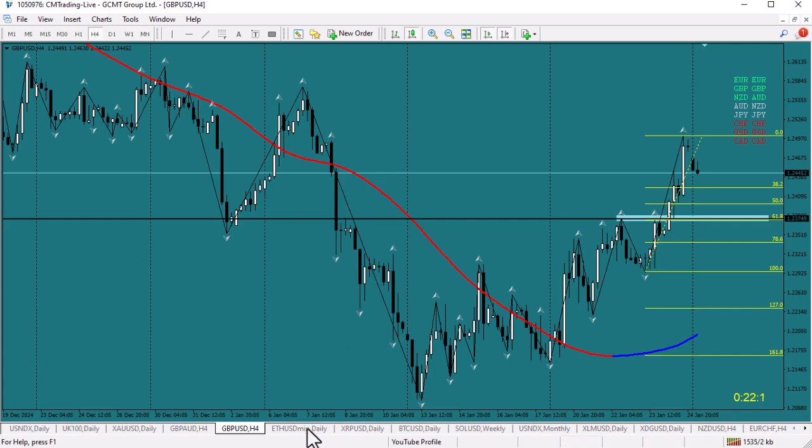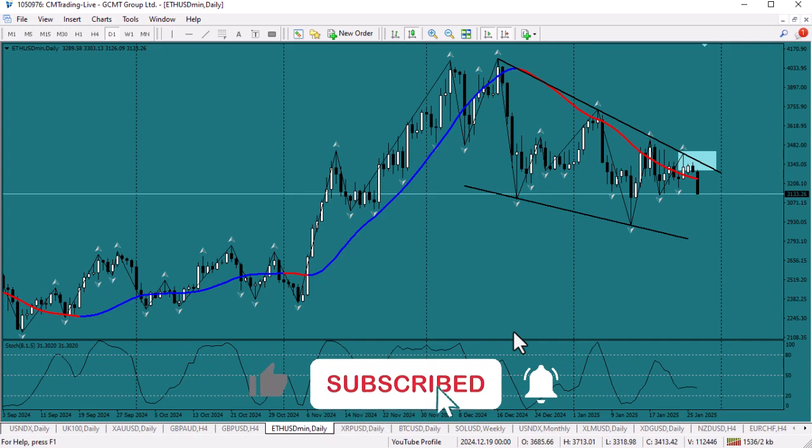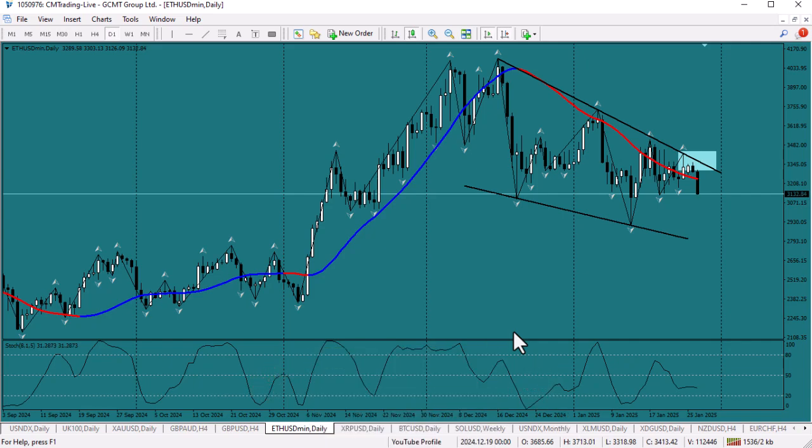Moving on to cryptocurrencies. Ethereum, I really thought that things were going to bounce, but also based on the AI, the DeepSeek scenario at this stage, I think there's a little bit of jitteriness at the stock market. It's going to be a complete free thing, so it's not listed on the exchanges, and they say that might have an influence on the video.